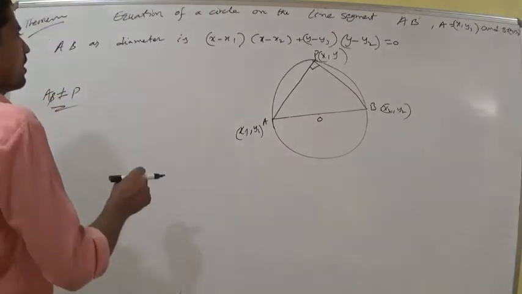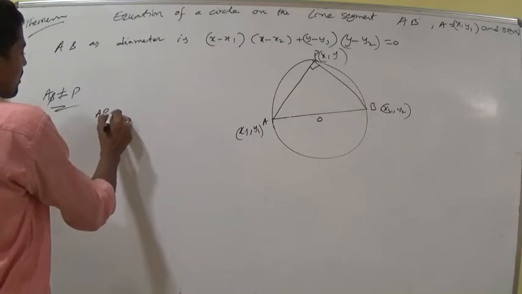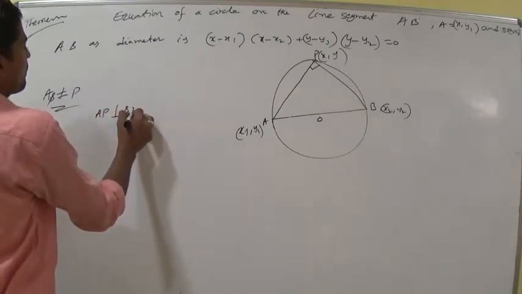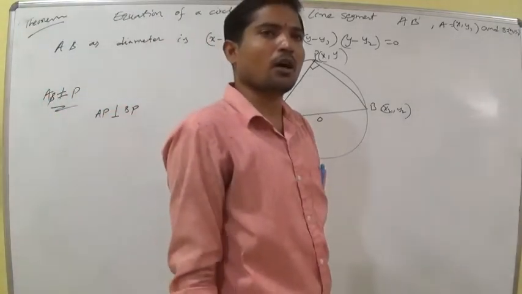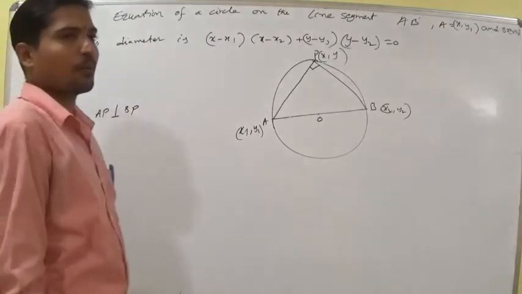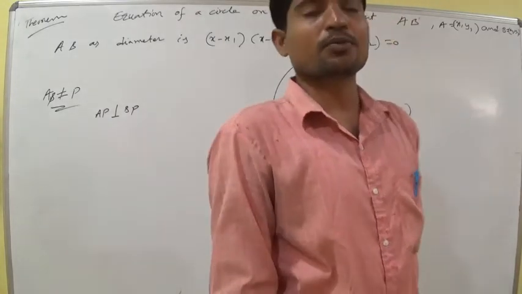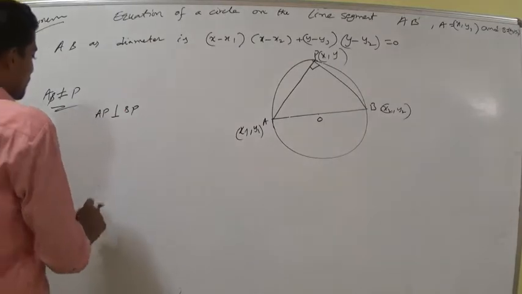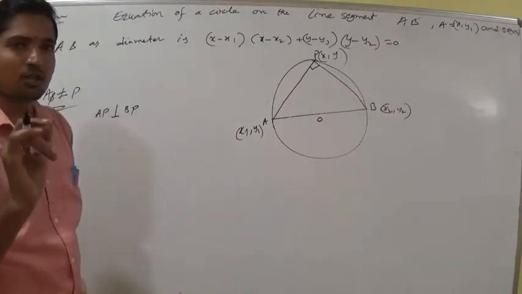Here we are taking AP perpendicular to BP. That means AP and BP are perpendicular. When two lines are perpendicular, the product of their slopes is -1.